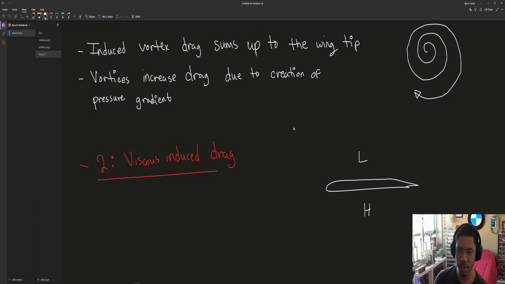So what happens is, because of the high pressure here, the airflow moves towards the tip. And on the top, the airflow moves toward the root.